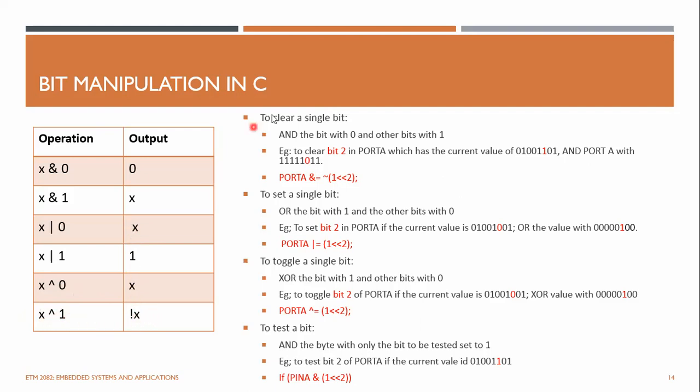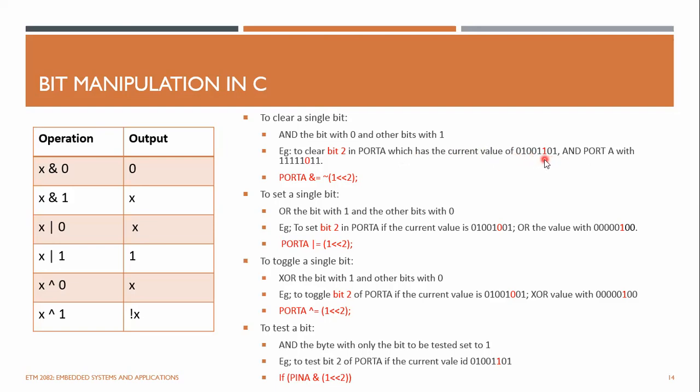Okay. So if you want to clear a single bit, you have to AND that particular bit with 0 and all the other bits with 1. For example, to clear bit 2 in port B, rather than affecting all the other bits, the current value of port B is this, right? 0 1 0 1 1 0 1.